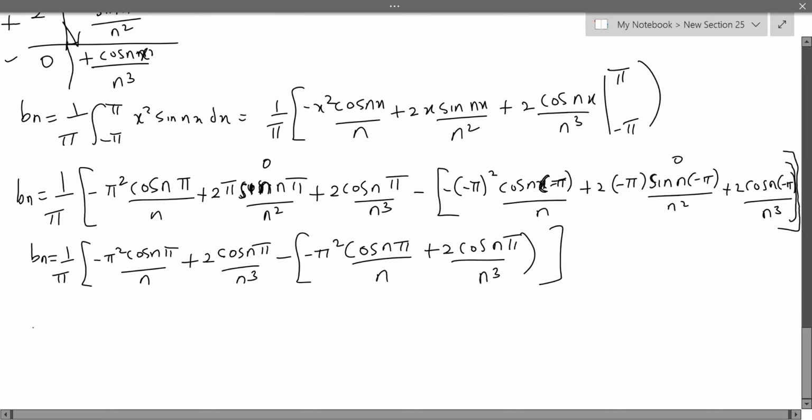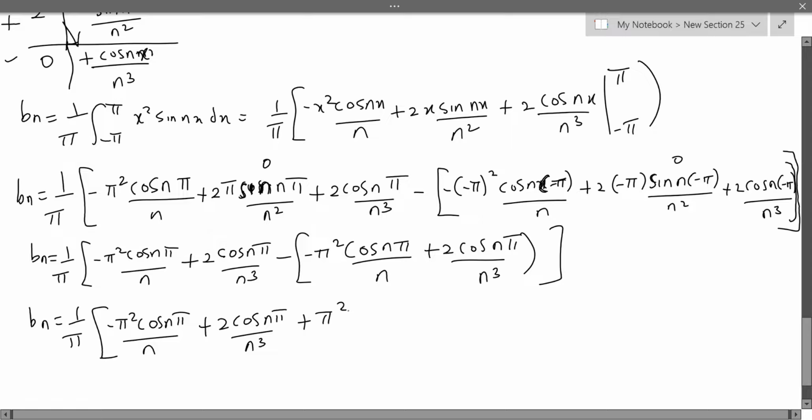Okay, so from here, 1 over pi, let's open that bracket. So if you open this bracket, you get plus pi squared cos n pi over n. Here it will give you minus 2 cos n pi over n cubed.